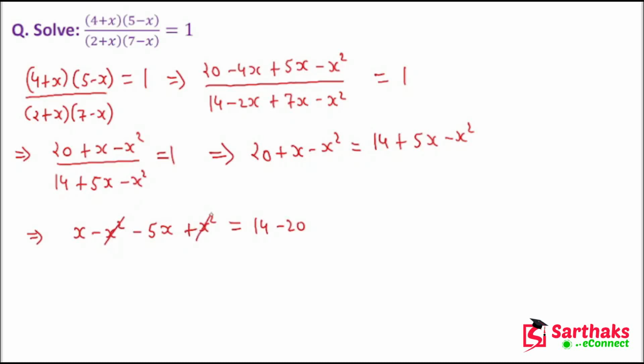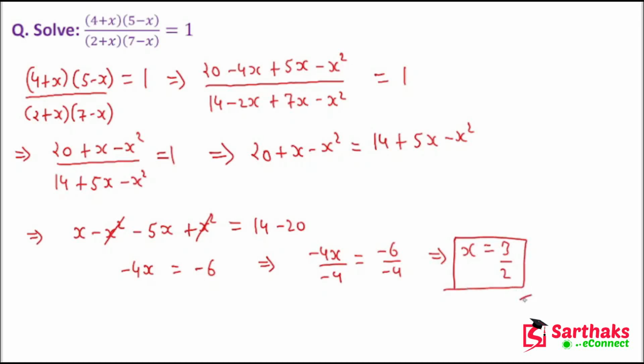So we will cancel minus x square with plus x square, and x minus 5x would be minus 4x, right? Minus 4x here would be 14 minus 20, that is minus 6. Dividing both sides by minus 4, we get minus 4x upon minus 4 is equal to minus 6 upon minus 4. Again, cancelling out negative and common factors, we get x is equal to 3 by 2.